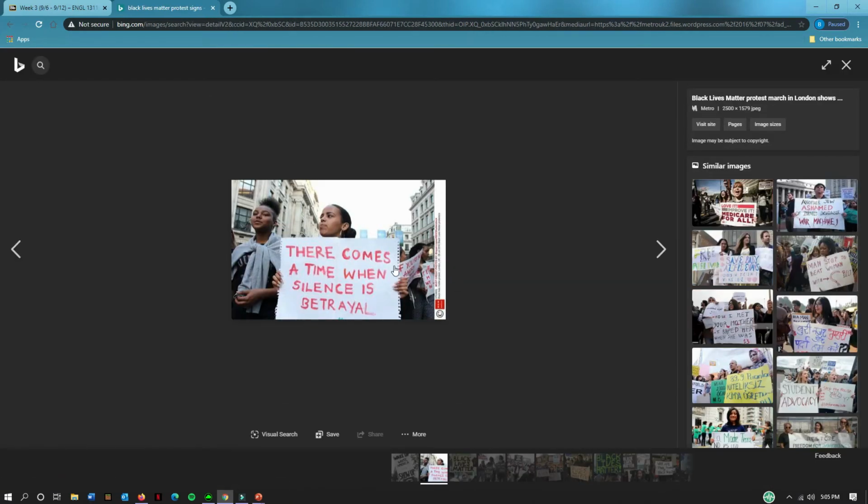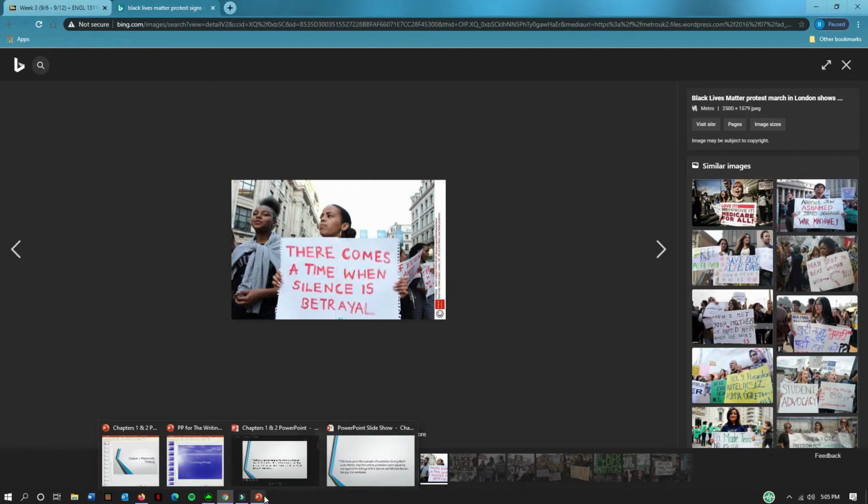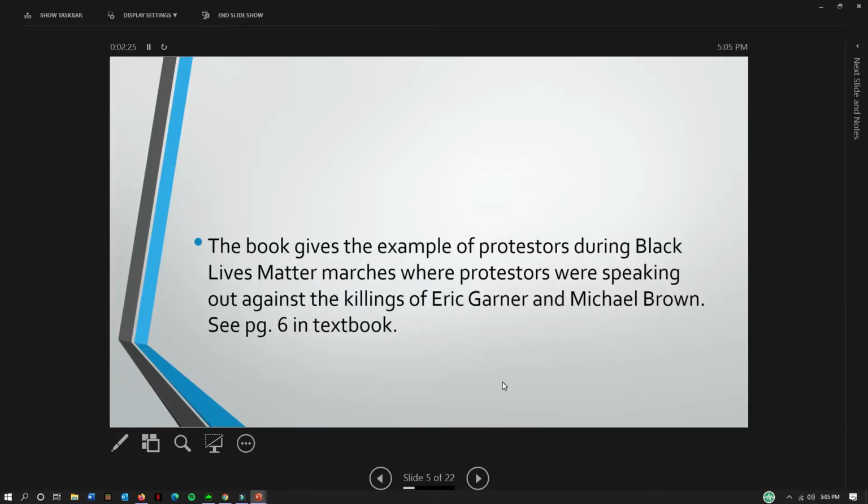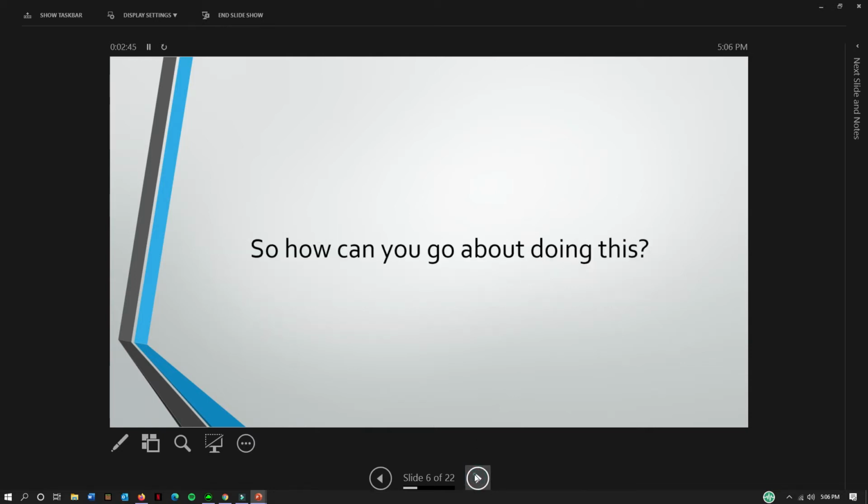She's got this sign that says there comes a time when silence is betrayal. So she's saying we have to use our words and our language in order to help people, to help those who are more oppressed, less fortunate than we are. She's saying we have to use our words, and that's what rhetoric is: using your words to make a difference.